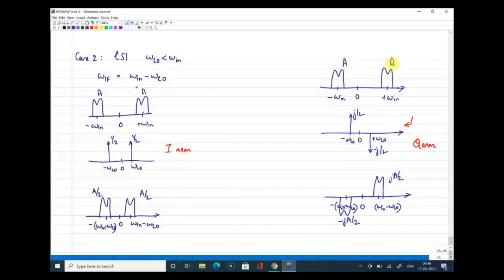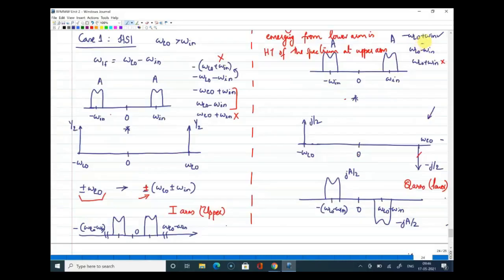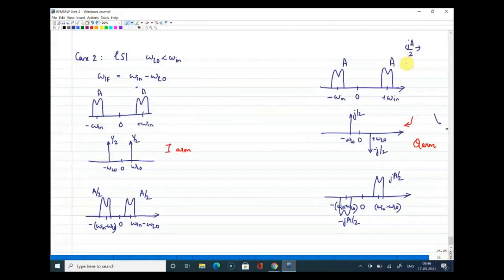So the component at minus omega LO, when we run that signal through the input, you will get both components at j into A by 2, right? You will get those signals at minus omega LO minus omega in and minus omega LO plus omega in.